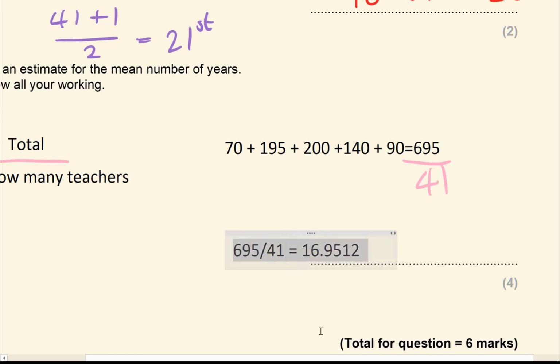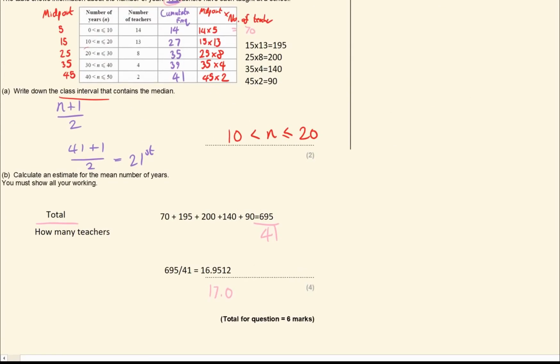Occasionally we'll ask you to round it, in which case you typically want to round to three significant figures, so that would be 17.0. Unless you're asked to round, you don't need to. You can just leave the full answer the calculator gives you. Okay, that's it. So fairly straightforward what to do, but of all the topics, that's where I see the most mistakes. Good luck, and I hope this helped.